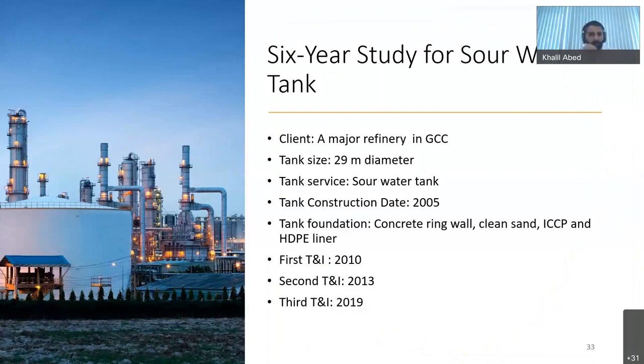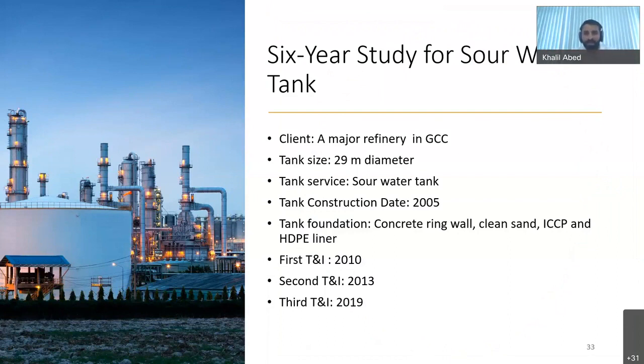Another study is a 6-year study for a sour water tank, 29 meters in diameter, located in a refinery in one of the GCC countries. The tank was constructed in 2005 on a concrete ring wall with clean sand, with cathodic protection and HDPE or release preventive barrier.